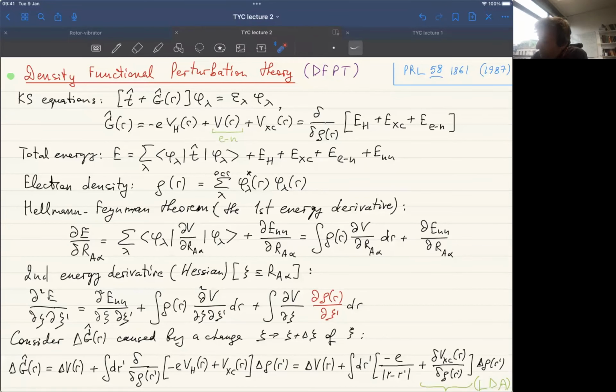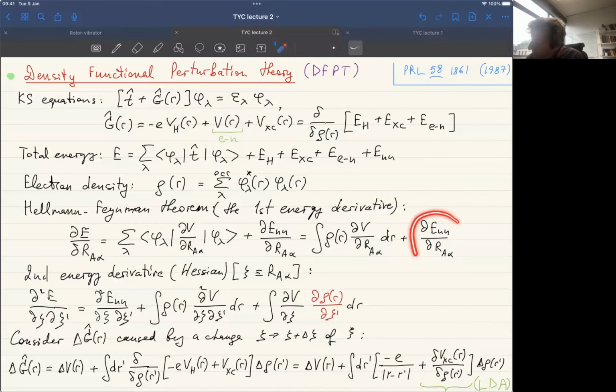So what we need to do now, considering this first derivative of the energy with respect to atomic positions, is differentiate it again with respect to Xi prime, another atomic position, in order to get the full Hessian, the second order matrix of the energy with respect to atomic positions, which is the same as the force constant matrix.